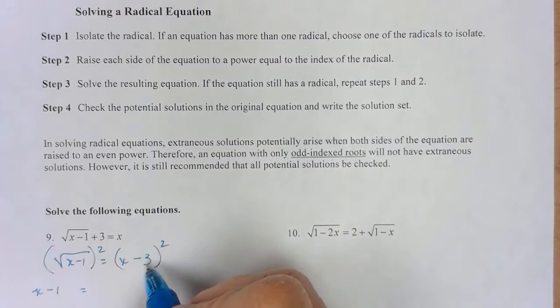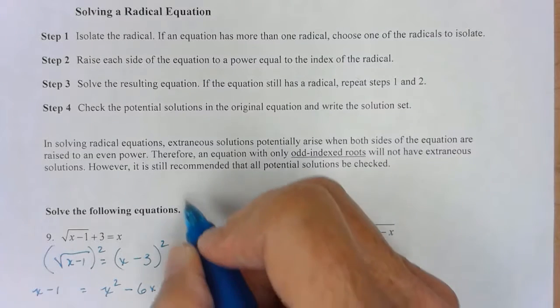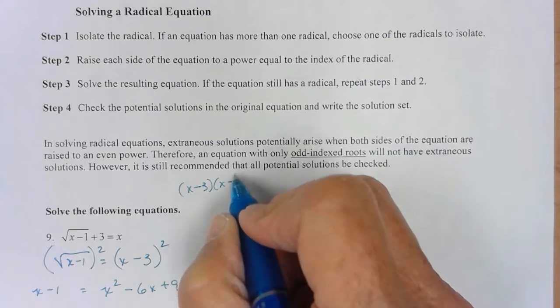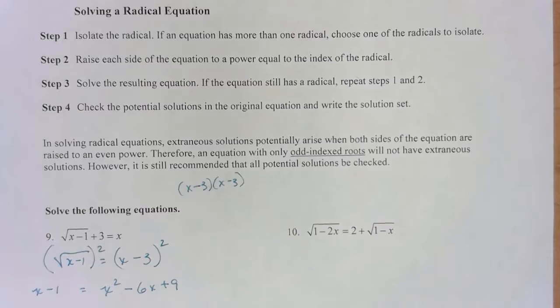This side, remember to FOIL because it's that binomial times itself. So that would be x squared minus 6x plus 9. If you need to write that as x minus 3 times x minus 3 and FOIL it, then do so. You do what you need to do in order to get the problem correct.